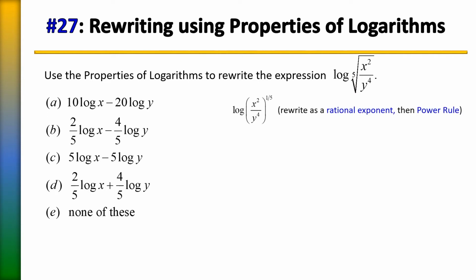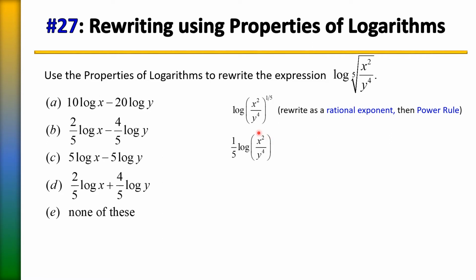My next step, since I have an exponent here of 1/5, by the power rule of logarithms, it states that you can bring this fractional exponent, which is your exponent, out front of that log. So when we do so, it looks like so.